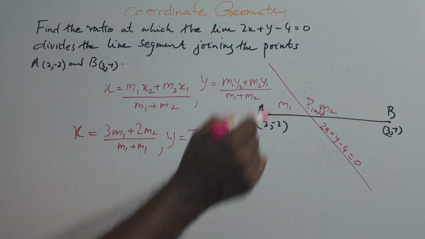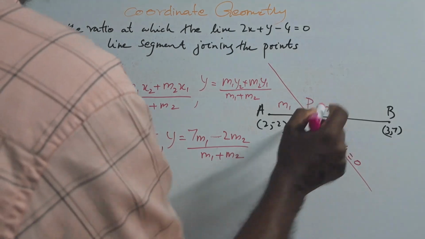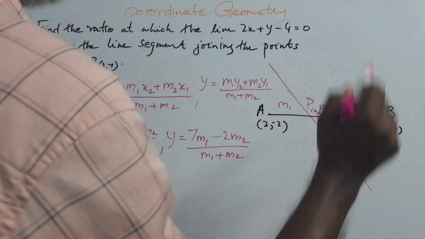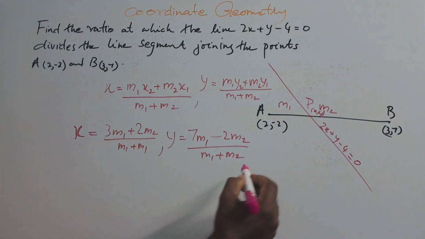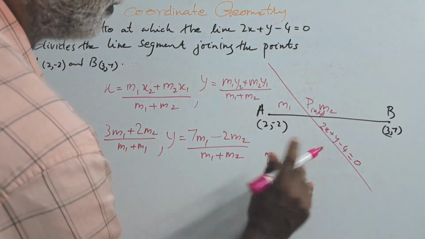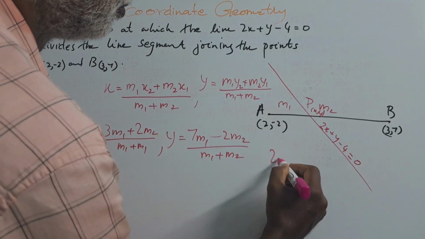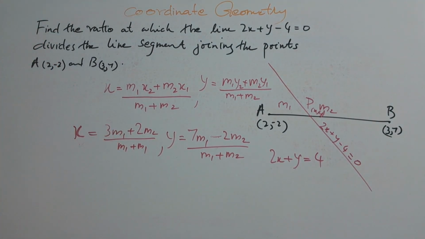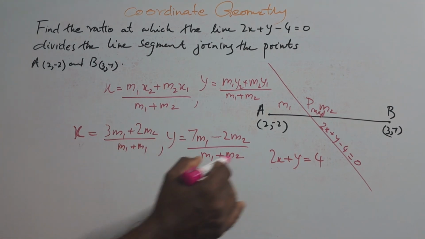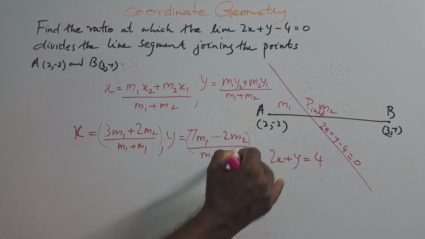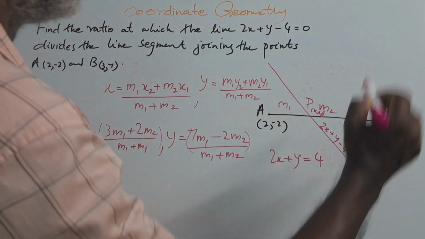That means the coordinates of the point P should satisfy this equation. The equation of the line is 2x plus y is equal to 4. That means the x coordinate, this one, and the y coordinate, this one, should satisfy this equation.